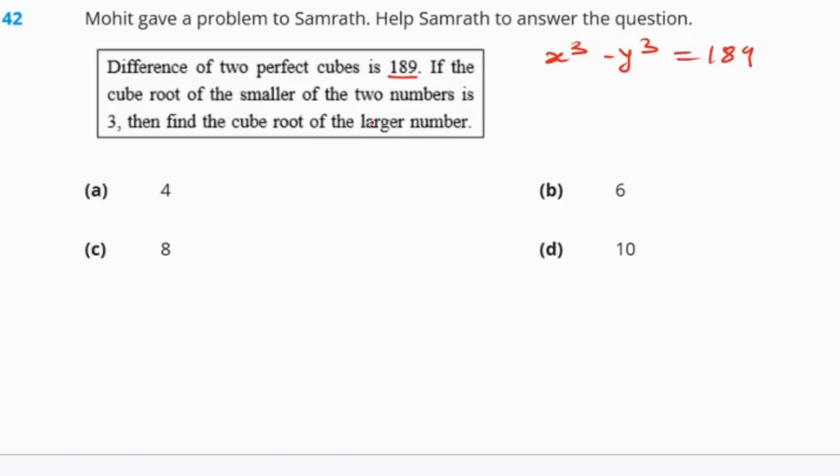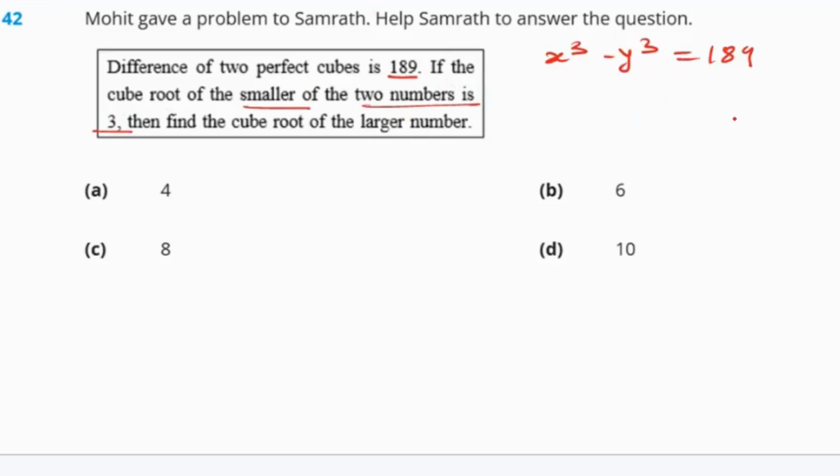That number will be 27 only. Correct. If the cube root of the smaller of the two numbers is 3, then the number is 27. Okay, so 27 is the smaller number. So now we know 27 is the smaller number, and we need to find the cube root of the larger number. So first we need to find the larger number only.